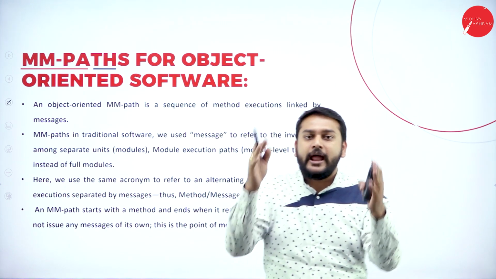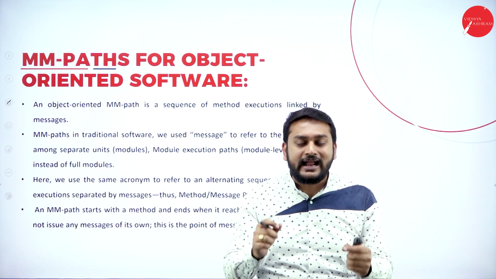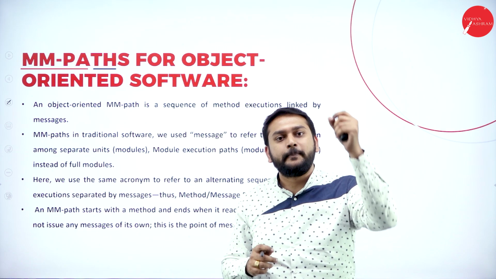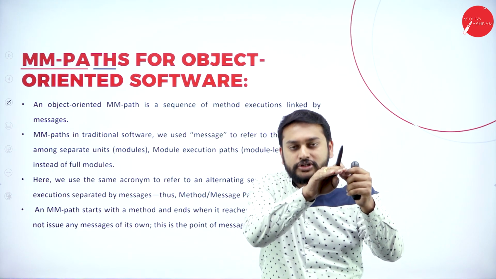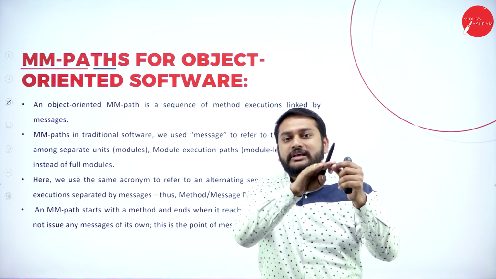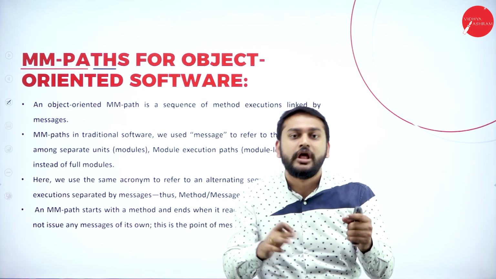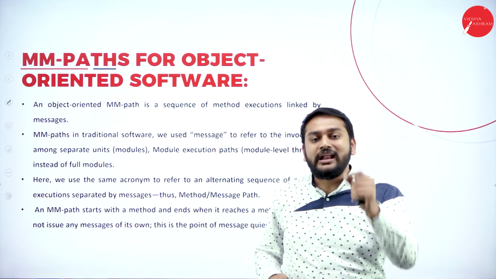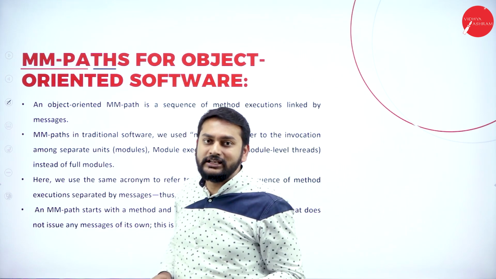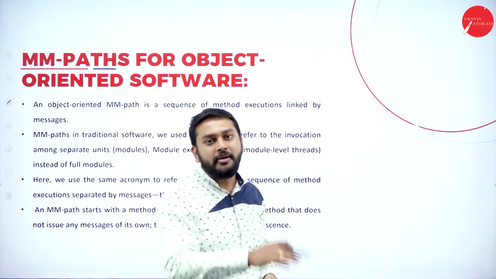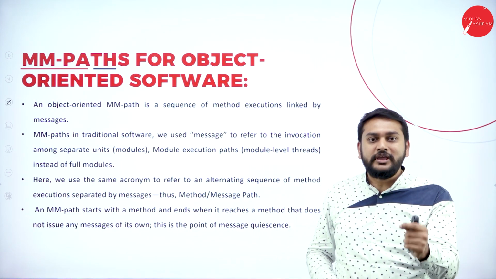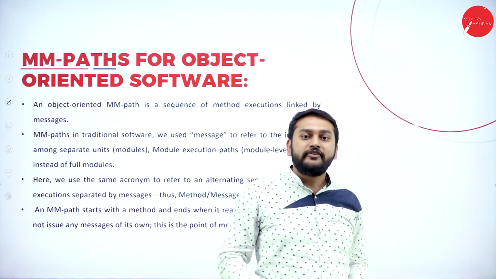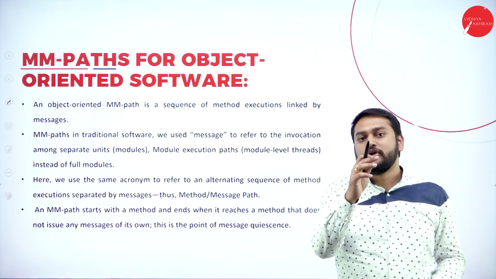If I have a program, how exactly the execution is taking place in the program, and how exactly from one function or one module to another module the message is being transmitted for the execution, how exactly the control is going from one module to another module, I can represent very easily with the help of the concept called path. So it is giving me the feasible execution path of the complete program. That is what I will be calling a path, is what you need to remember.